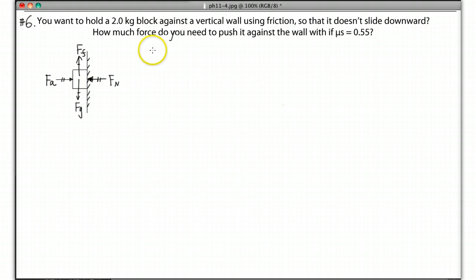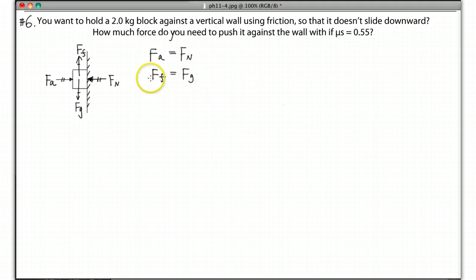We can get a conclusion that Fa equals Fn. Right? As long as we can find Fn, we can find Fa, which is what the question is asking for. And also vertically, you can see Ff equals Fg as well.